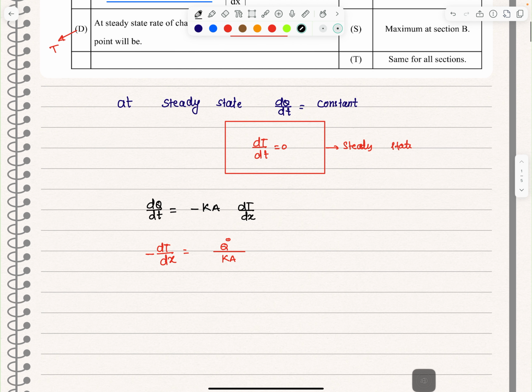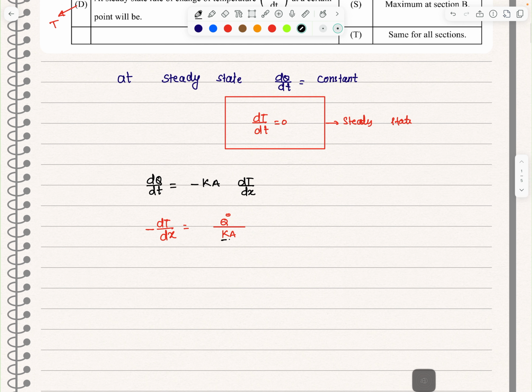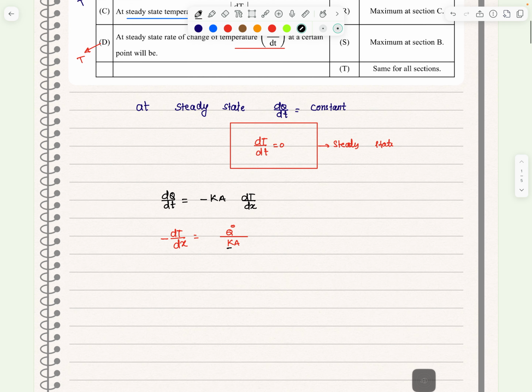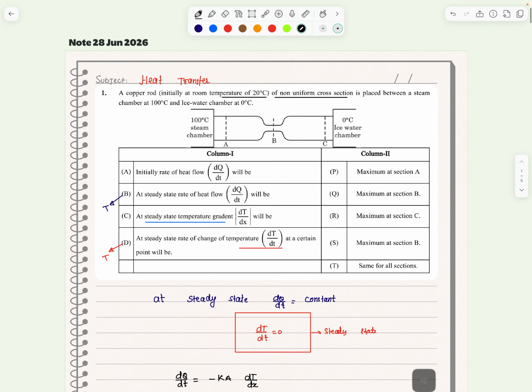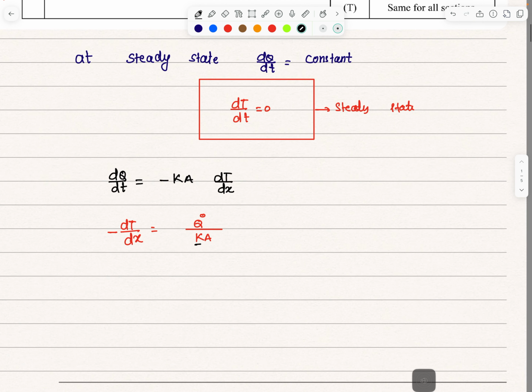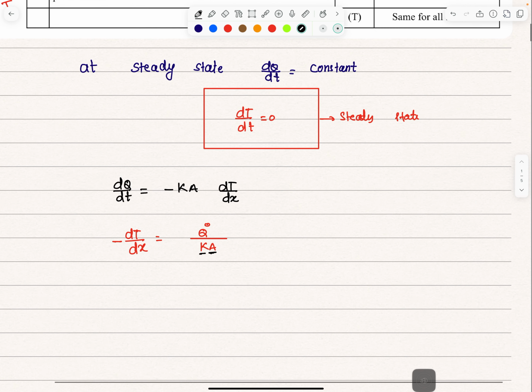Now q dot, as I already said, is constant at all sections. K is also constant because the same copper material is there. Area of section is variable, yes or no?